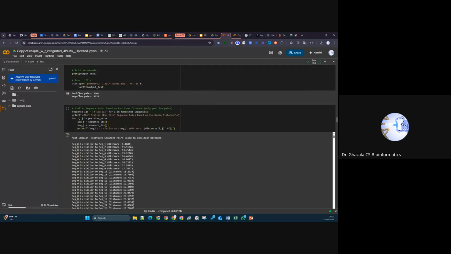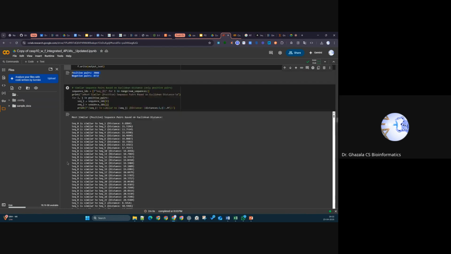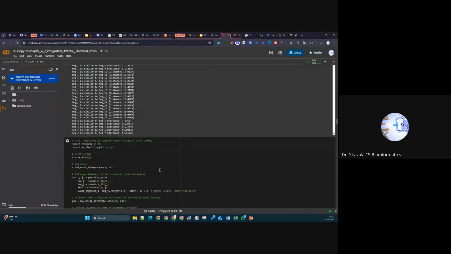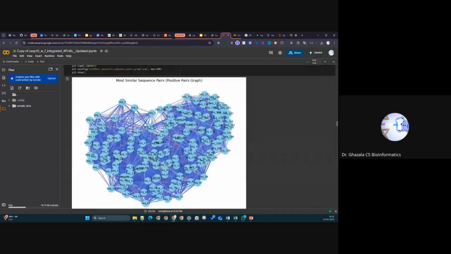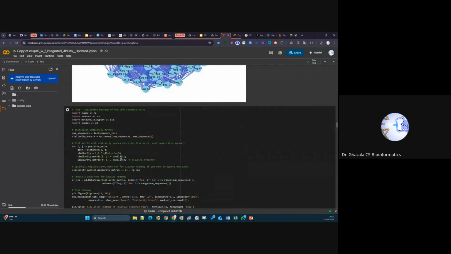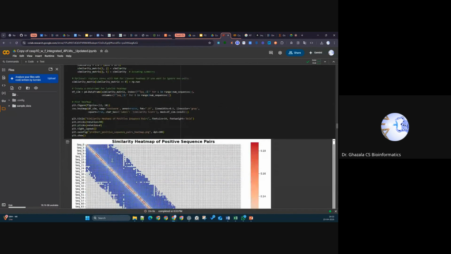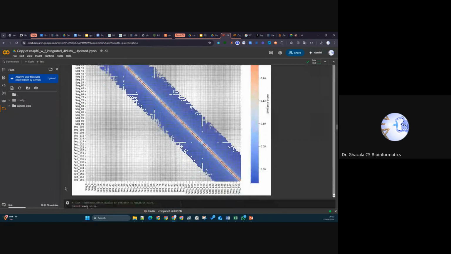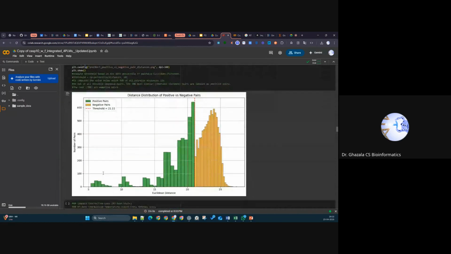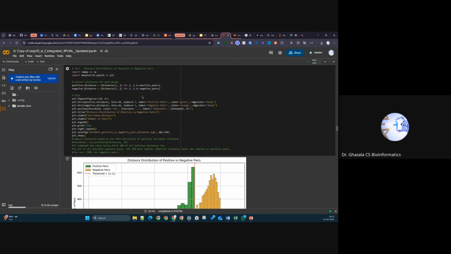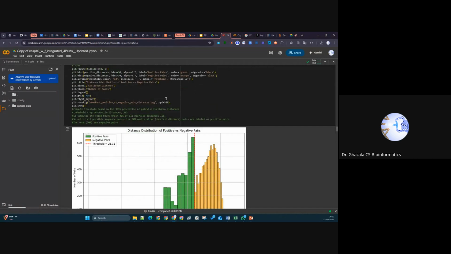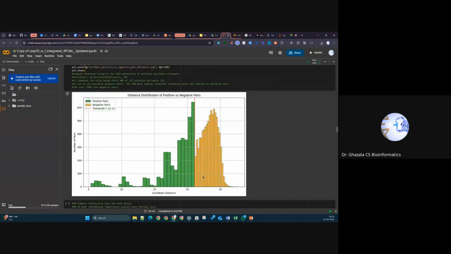The pairs are the same that we have for positive pairs and negative pairs, and the distances are somewhat similar. I have not compared this one. This figure is irrelevant right now for us, but we can make it precise to make some meaning out of it. And here the threshold value will change depending on what it is keeping for all the sequences.